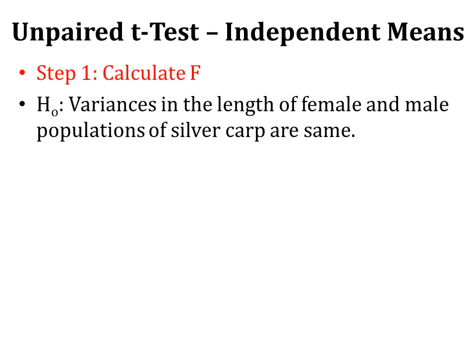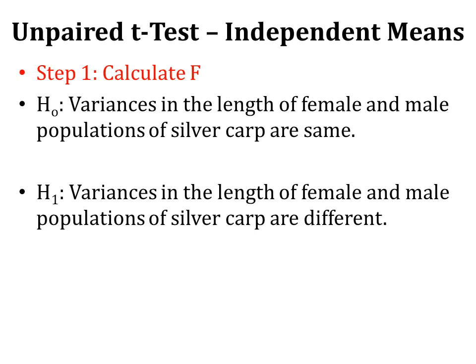The null hypothesis for this is that the variances in the length of female and male populations of silver carp are the same. And the alternate hypothesis is that the variances in the length of female and male populations of silver carp are different. So these are our null and alternate hypotheses for the F test.